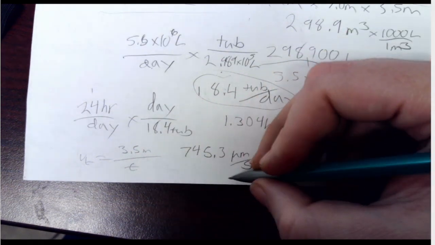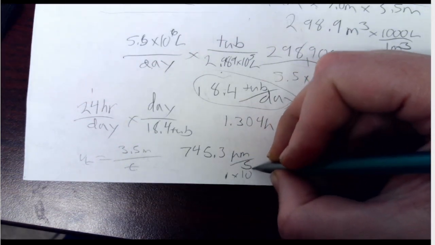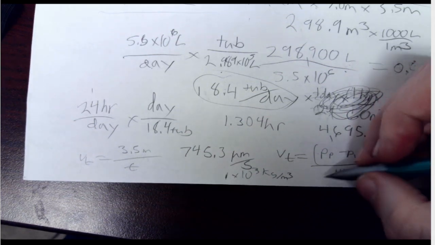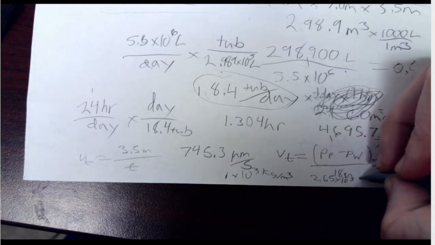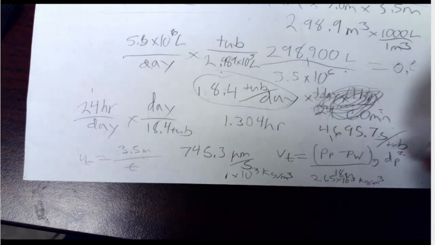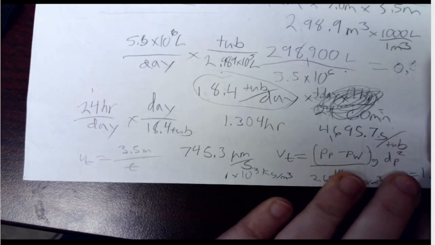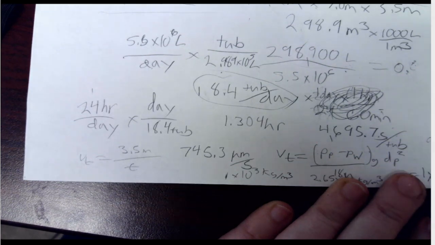We're assuming the density of water is 1 times 10 to the third kilograms per meter cubed, the particle density is 2.65 times 10 to the third kilograms per meter cubed, the viscosity is 1 times 10 to the negative third kilograms per meter second, and gravity is 9.8 meters per second squared.